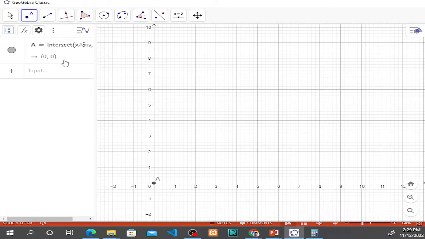So you can see here that the point is being shown at the x and y intersection, and it has a coordinate of 0 and 0. So let's say for example we move from point A to another point on the Cartesian coordinate plane and we move to point B. That's within 2 seconds.